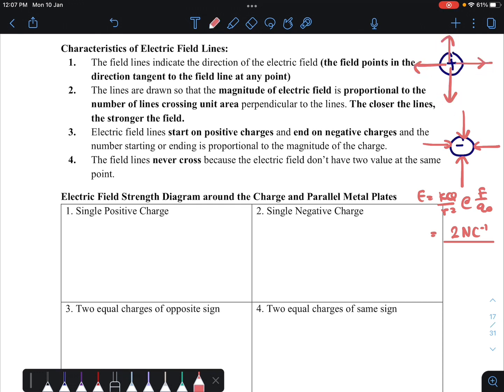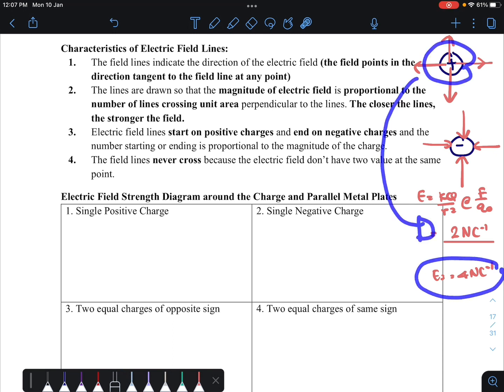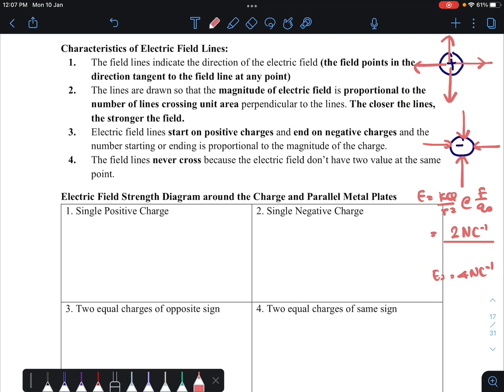Okay, let's say kita tukar charge. Kita guna charge lain, kita dapat pula electric field line yang baru sebanyak 4 Newton per coulomb. So when you have 4 lines associated to 2 Newton per coulomb, when the electric field line double, maka dia punya the value of electric strength double, maka dia punya electric field line pun kena double.